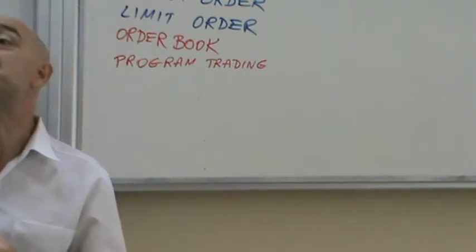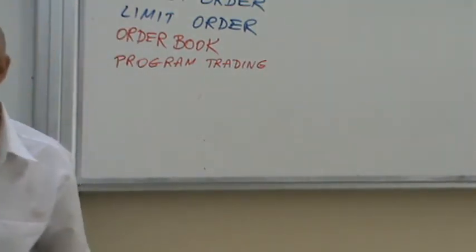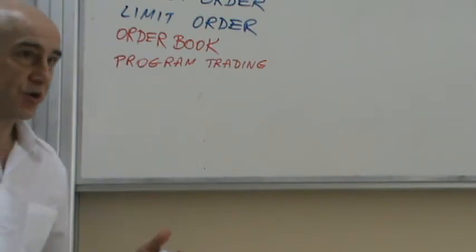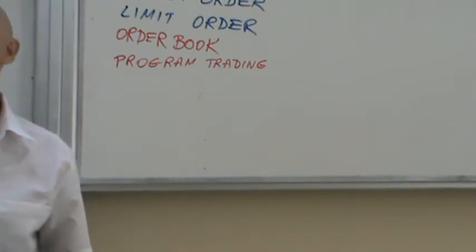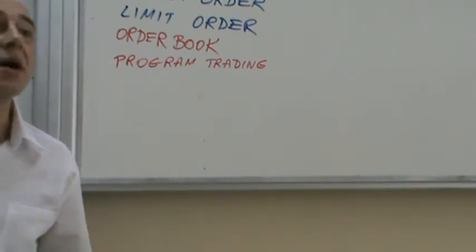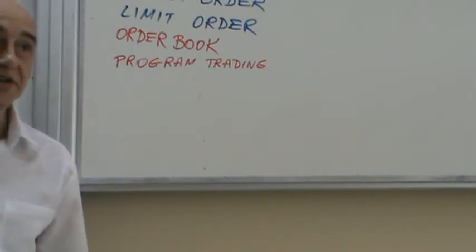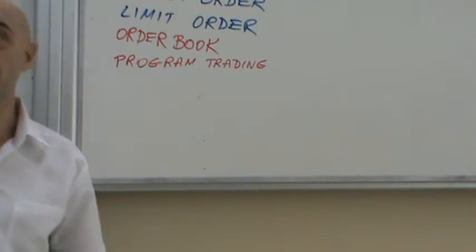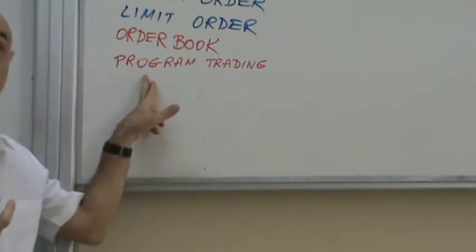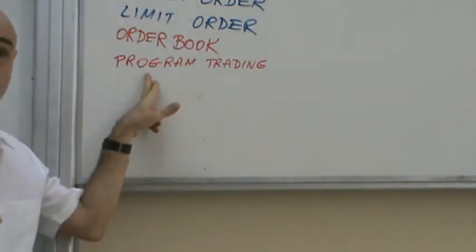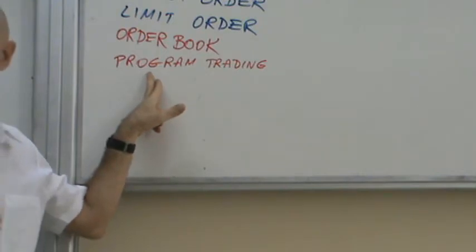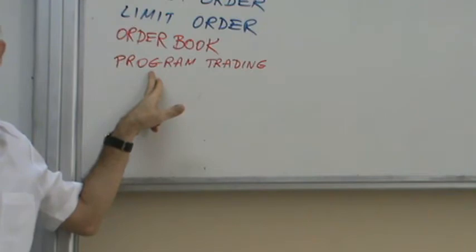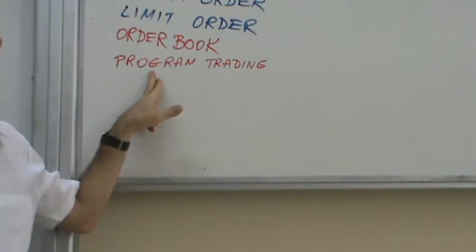It is the simultaneous order to execute a large number of trades, all of them at the same time. So it's a large number of orders, all of them at the same time, generated by a computer program.